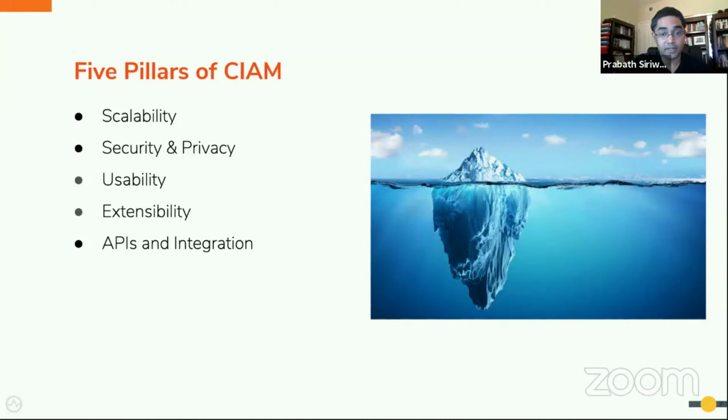Then comes the extensibility. So both the extensibility and the developer focus go hand in hand. Organizations need to continuously improve the level of consumer engagement and adapt to the changes in technology, business models, competitions, regulations, and customer preferences.